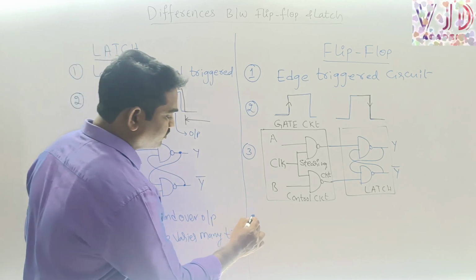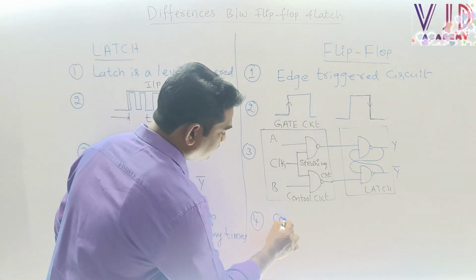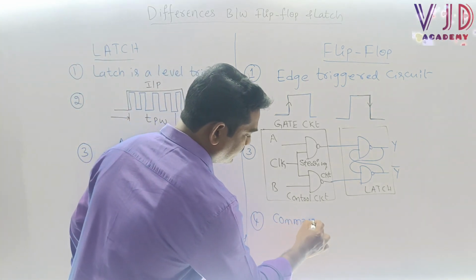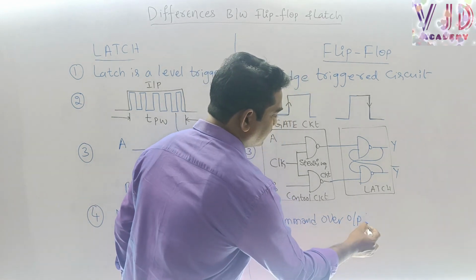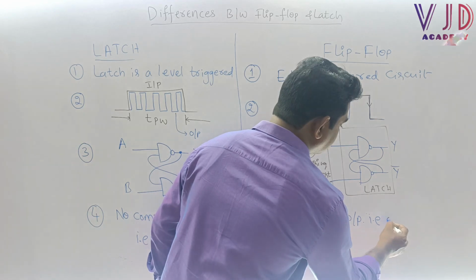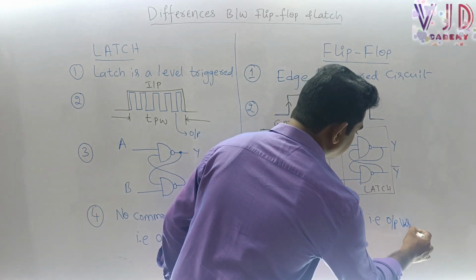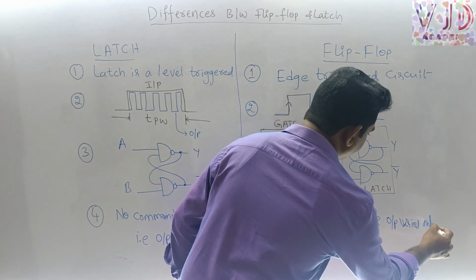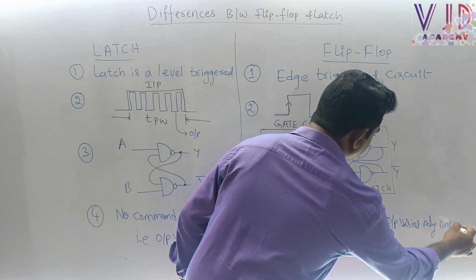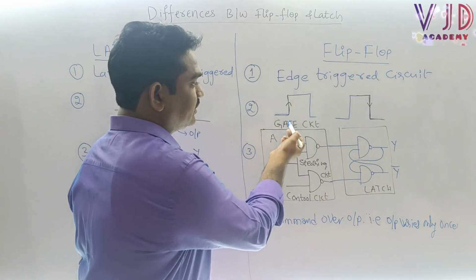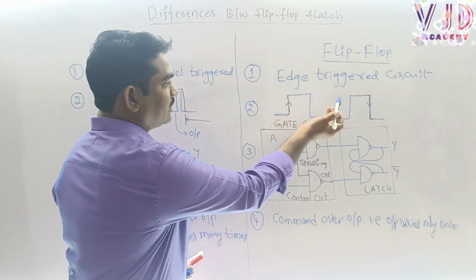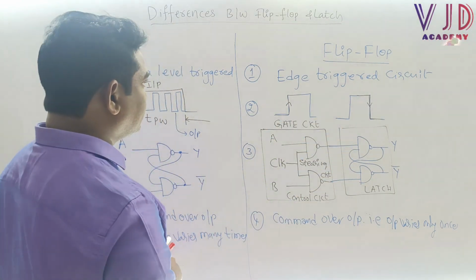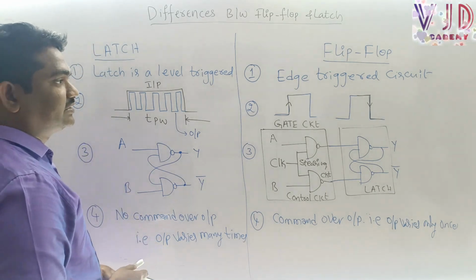In a flip-flop, the fourth point is command over the output, and the output varies only once with respect to the applied input signal, either positive edge or negative edge triggering. And these are the basic differences, sir.